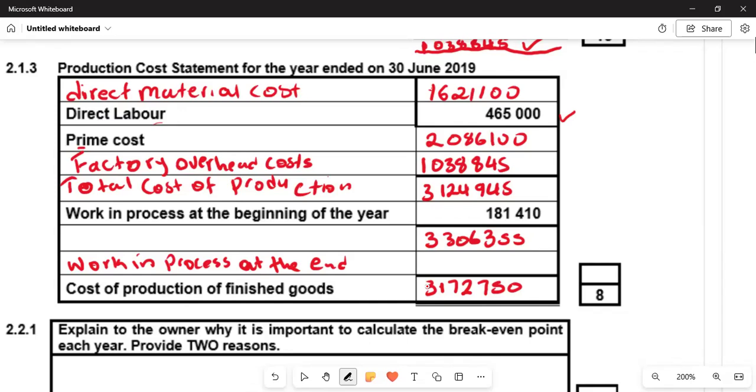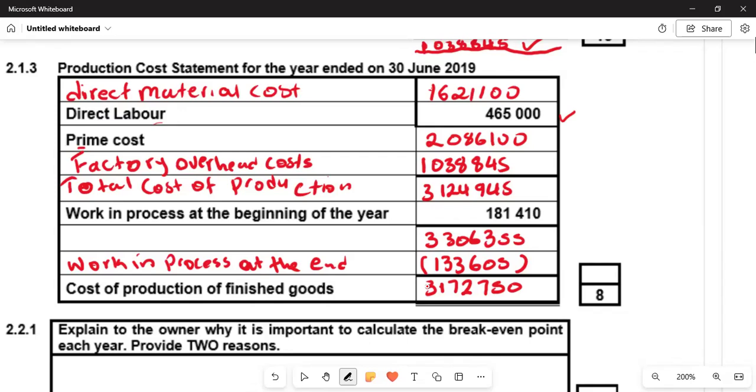So you're going to say this amount minus that, then they will give us the amount for work in progress at the end of the year, which is going to be 133,605.